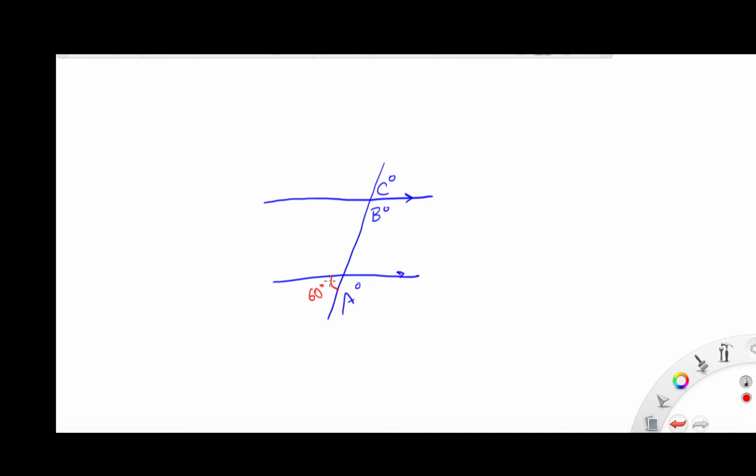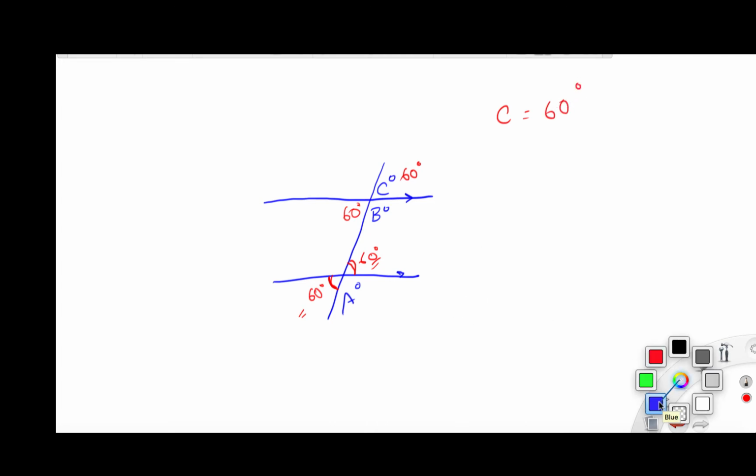If this is 60 degrees, the opposite is also 60 degrees. And if this and this is true, then this has to be 60 and C has to be 60 degrees. So C is going to equal 60 degrees.